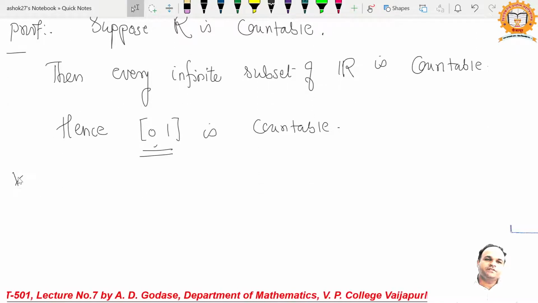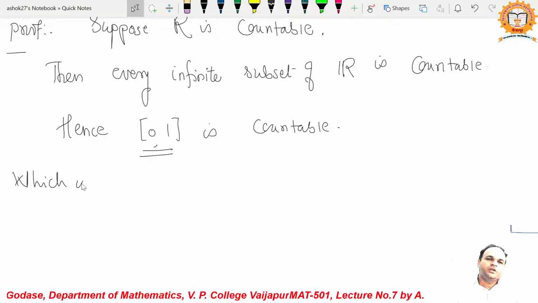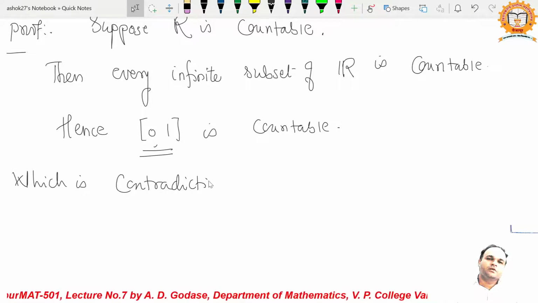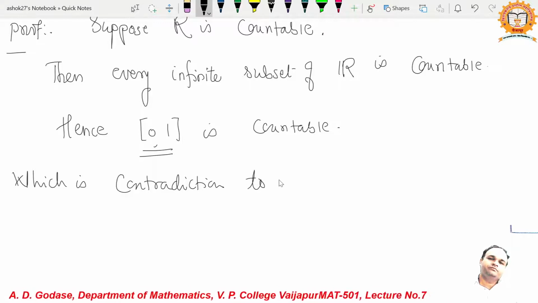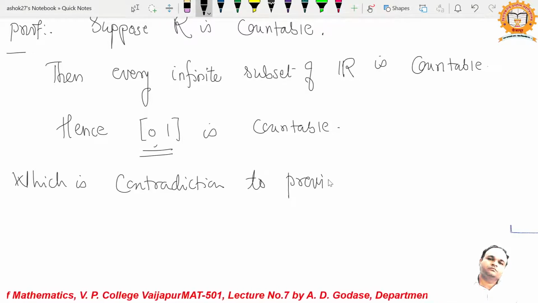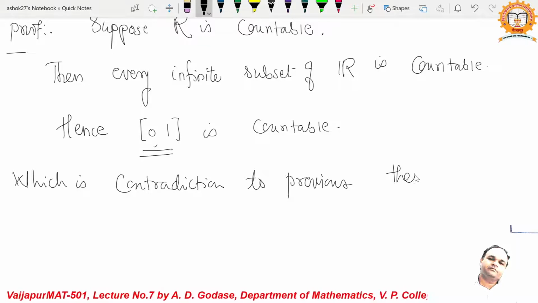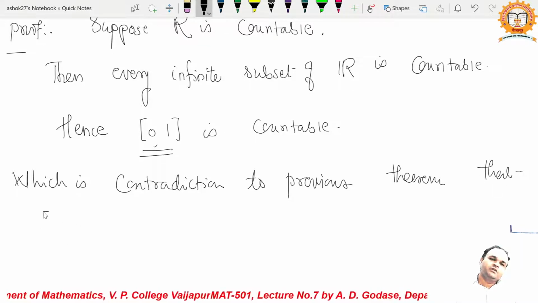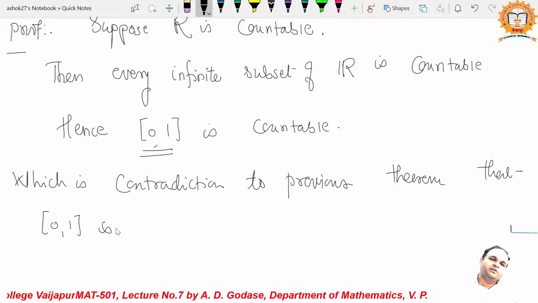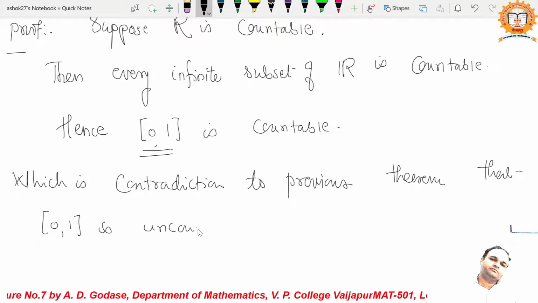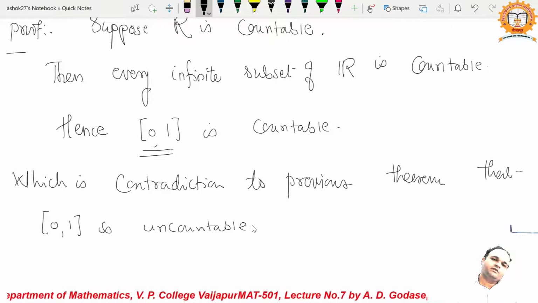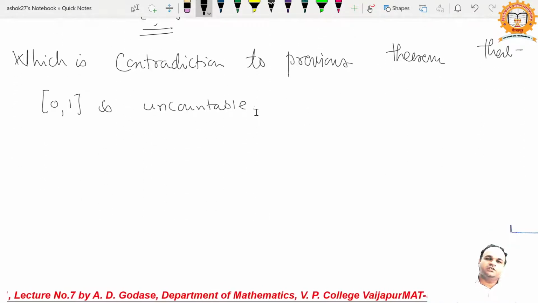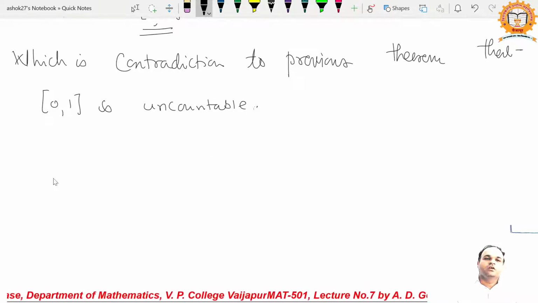Which is a contradiction to the previous theorem. What is the previous theorem? The closed interval 0 1 is uncountable. Hence our assumption is wrong. What is our assumption? R is countable. So the assumption is wrong, and therefore what should be true?